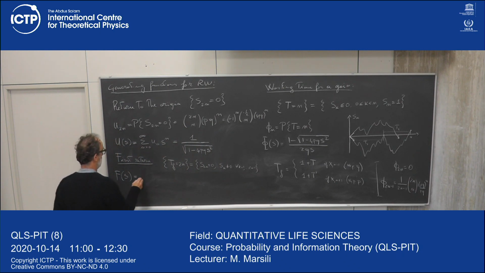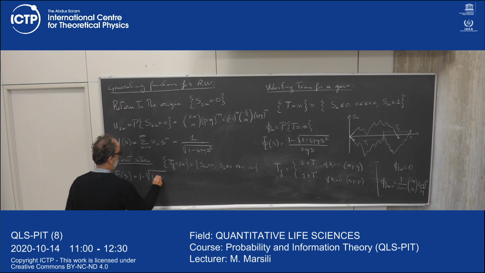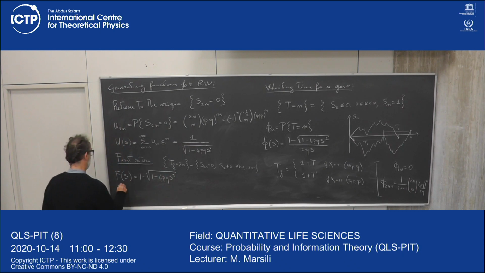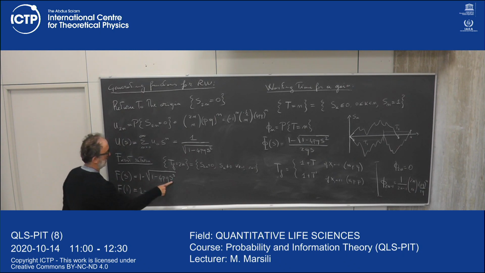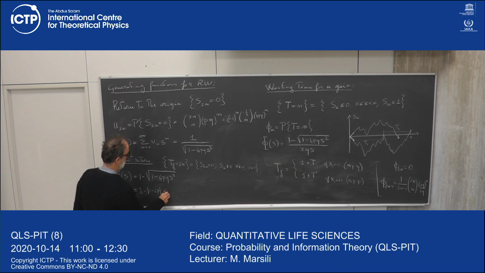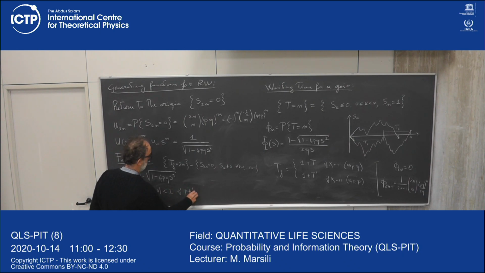So this is 1 minus the square root of 1 minus 4pqs squared. So f of 1, if you compute f in 1, then this is 1 minus the square root of 1 minus 4pq, which is the absolute value of 1 minus 2p. So you see that this is less than 1 if p is different from 1/2.